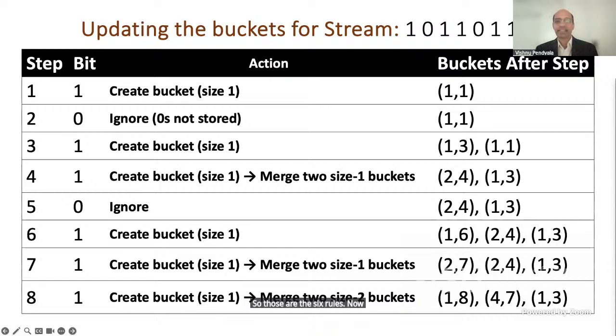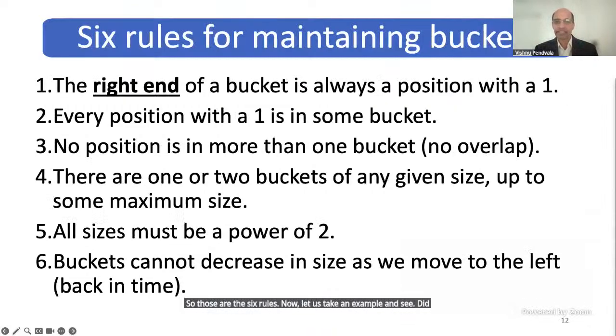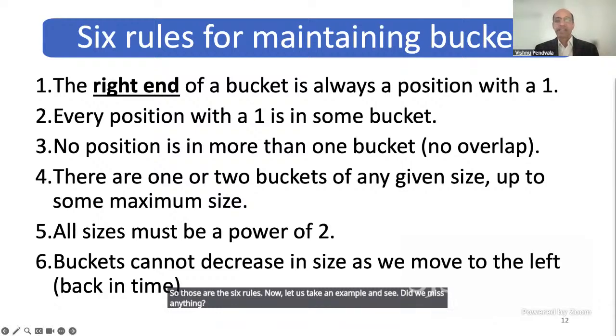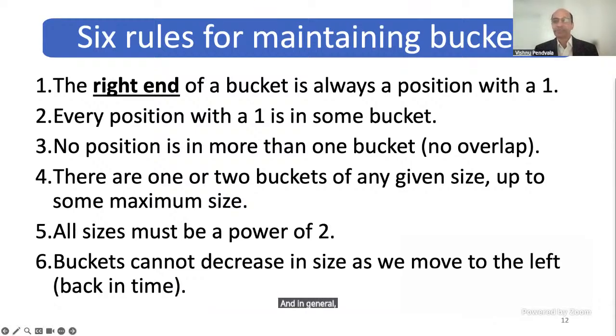Now let us take an example and see, did we miss anything? And in general, if you forget the algorithm, one key statement that helps you remember is, for every size of the bucket, we can have at most two buckets. And the sizes should be powers of 2.